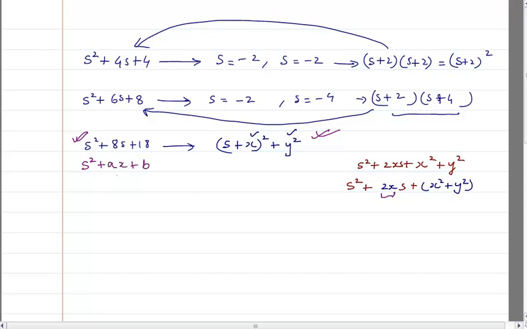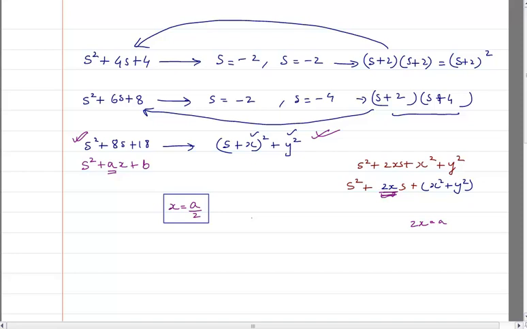You can see that from a I can directly get the value of x. Because this is 2x and this is a, I equated 2x is equal to a, from where I got x is equal to a by 2. So this one, let me put it in a box.